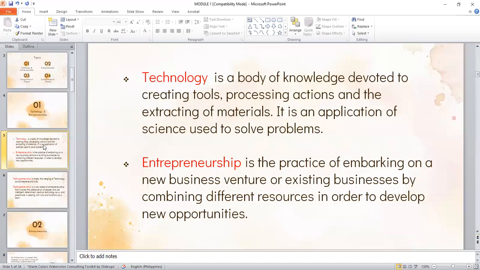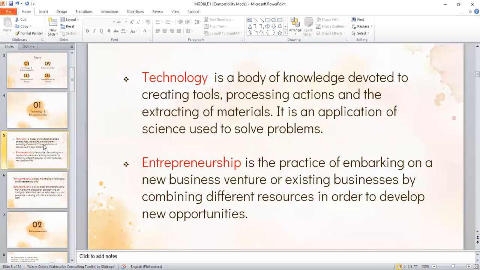Now, if we're going to connect it with entrepreneurship, because this too is related to technopreneurship, entrepreneurship, on the other hand, is the practice of embarking on a new business venture, or it could be an existing business, by combining different resources in order to develop new opportunities.